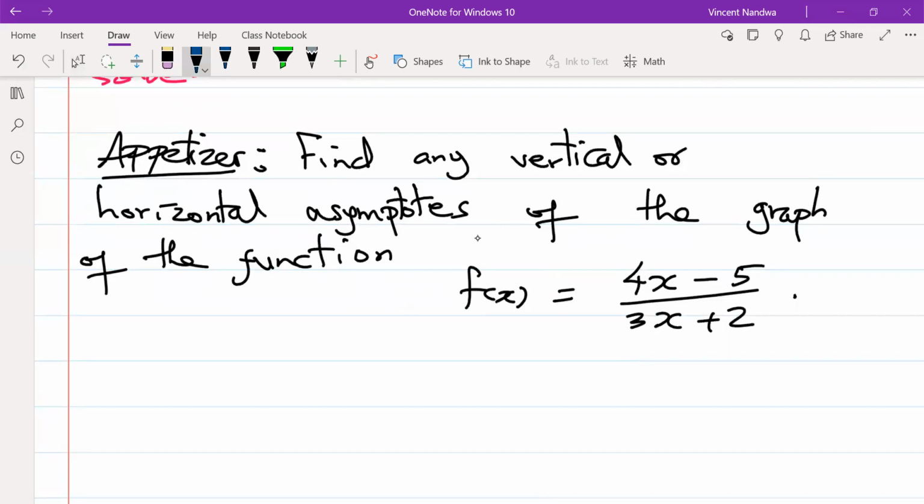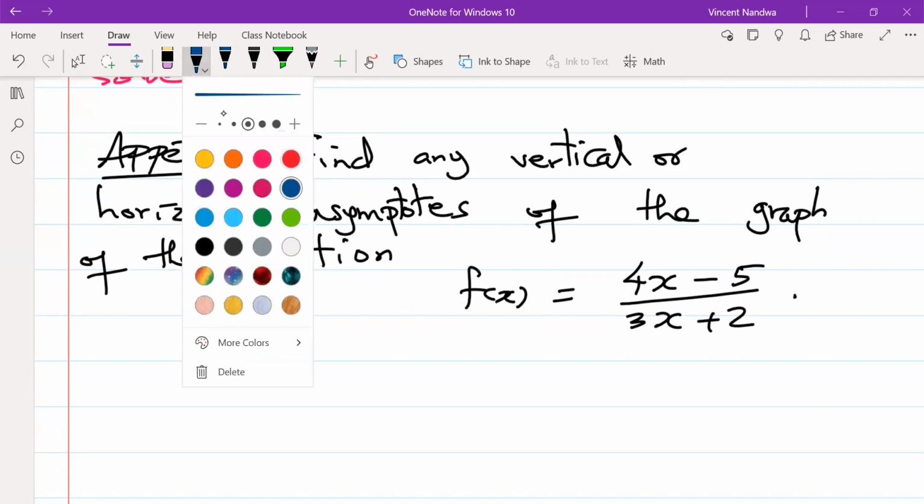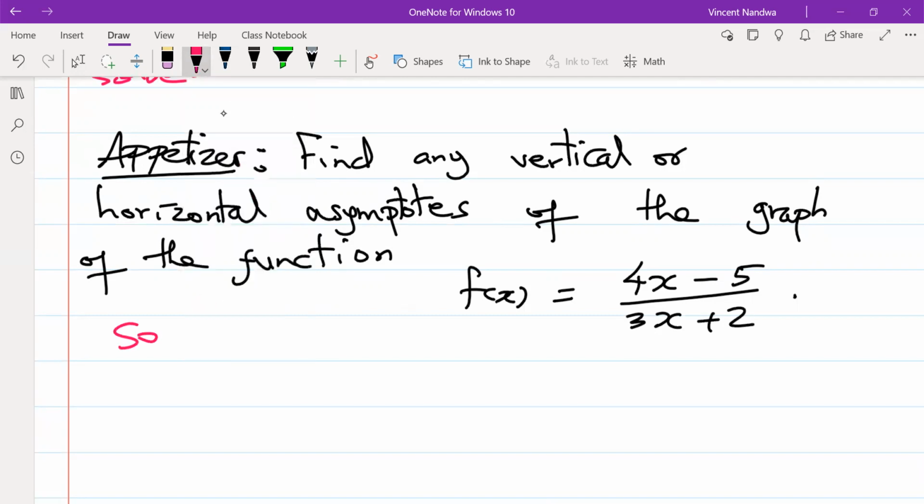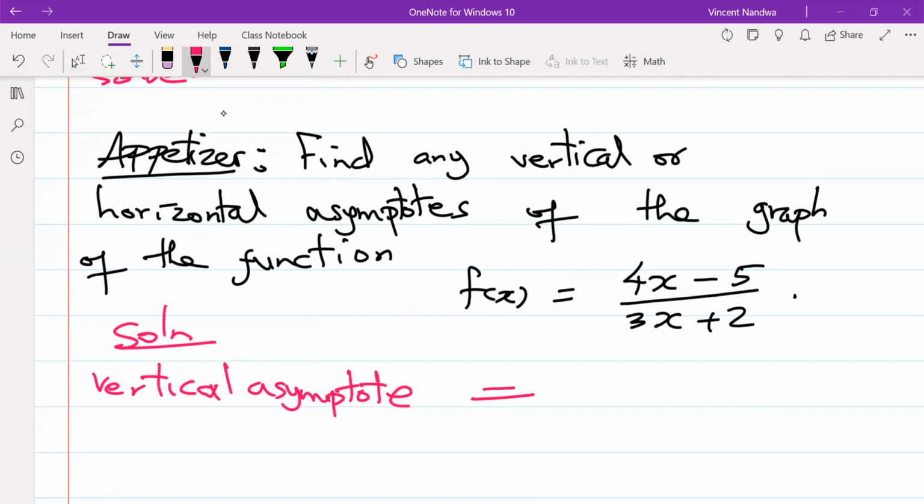Okay, good. So let's start with the vertical. Vertical asymptote implies equate the denominator to 0 and then solve. So in our case, the denominator is 3x plus 2 equal to 0.